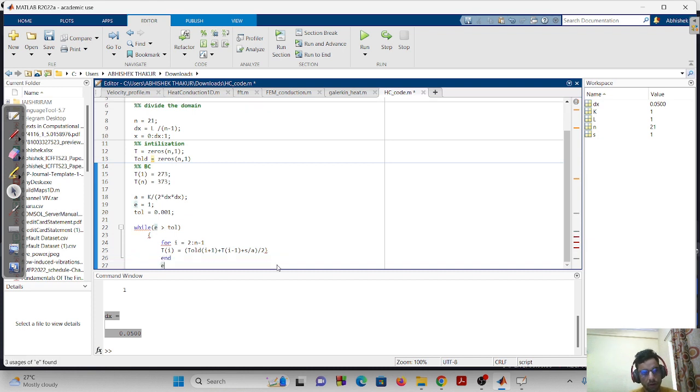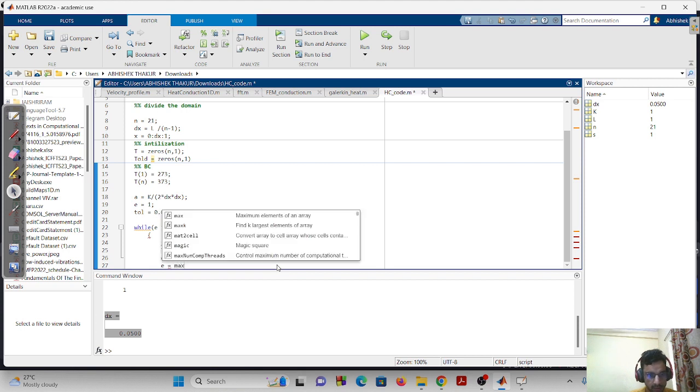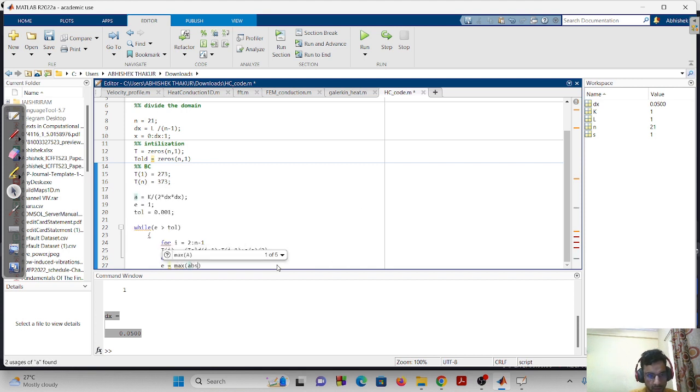The first thing we do after the for loop is calculate the error. Just keep in mind we want the maximum in the whole domain. So we take the max of the absolute of the error, because we want only the positive value, not the negative value.